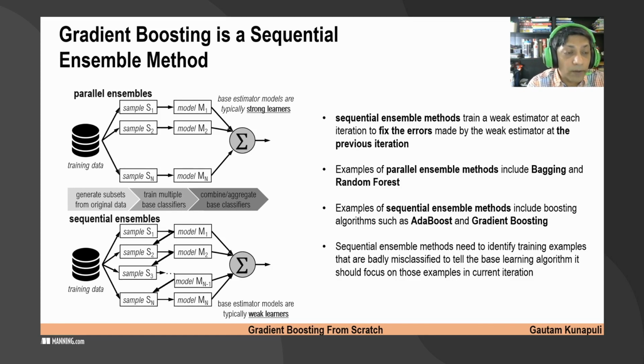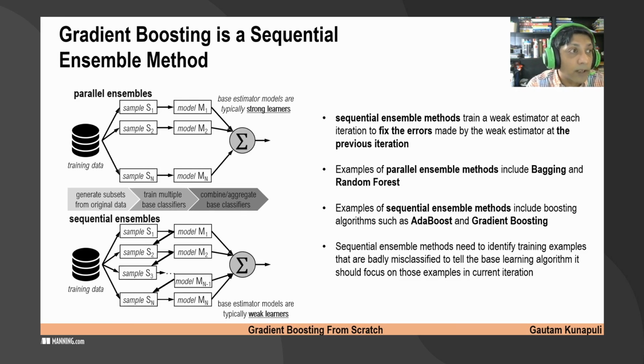Essentially, in terms of a classification problem, it would mean you'd want to try and figure out where the first model that you trained, M1 over here, is failing, and then you try to train a second model, M2, such that the predictions on those misclassified examples are improved upon, and then you see how well the ensemble of M1 and M2 is doing, and then you try and identify now what the misclassifications are, and you train a third model to add into your ensemble, and so on sequentially, one after the other, right?